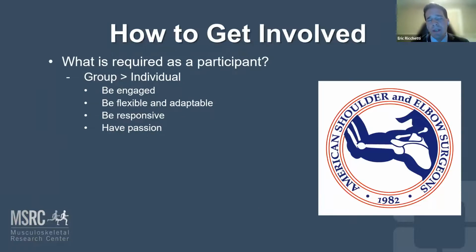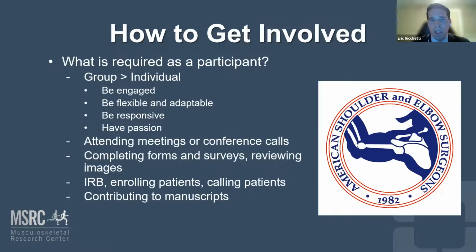So, as I think Carolyn highlighted really nicely, what is required is being an active and engaged individual in the group. You need to be engaged in the work. You need to be flexible and adaptable with what you're willing to do, to be committed to the research, be responsive and have passion. And this can be in all these different ways. You want to attend meetings when they're held, attend conference calls when they're held.